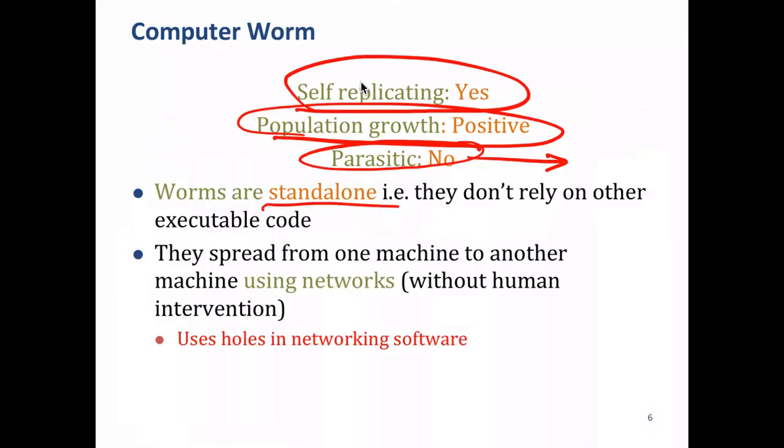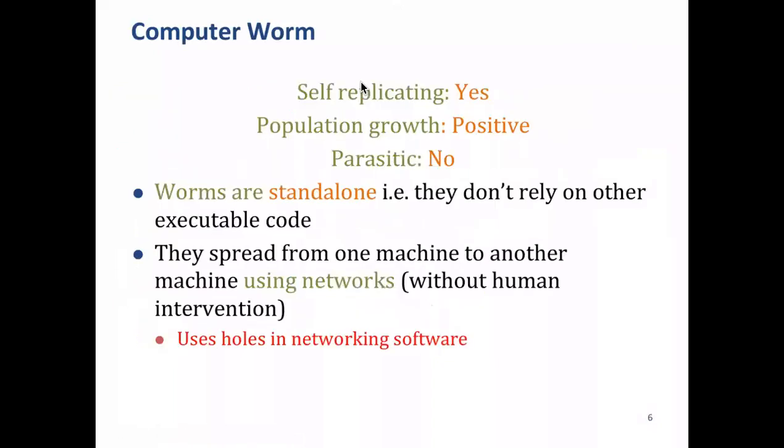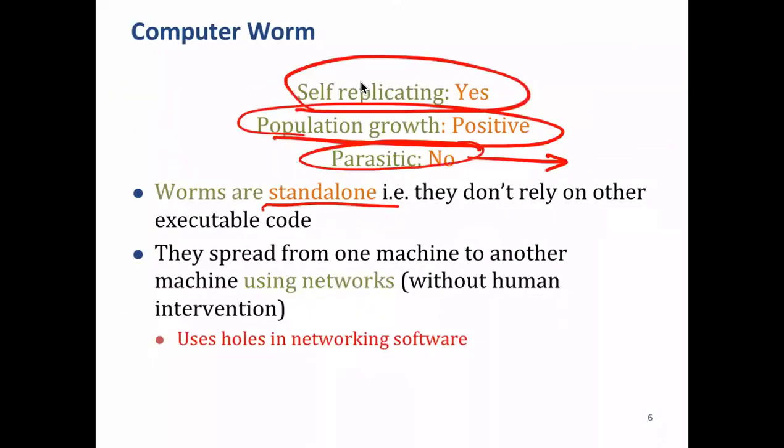All right. When we say standalone, it does not mean that it does not need anything else. When we say other executable code, this may not be truly correct because it has to get into execution mode. How can it get into execution mode until it is scheduled or has come to the run list?